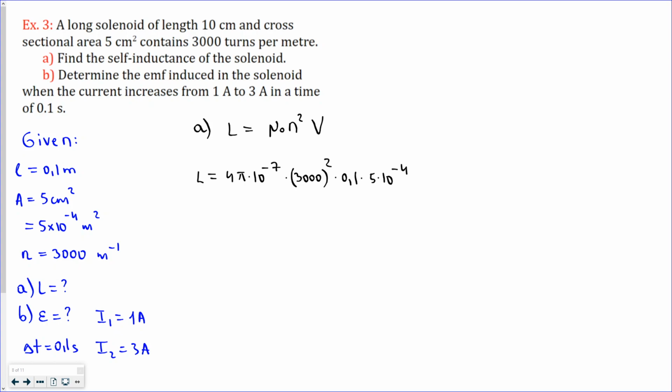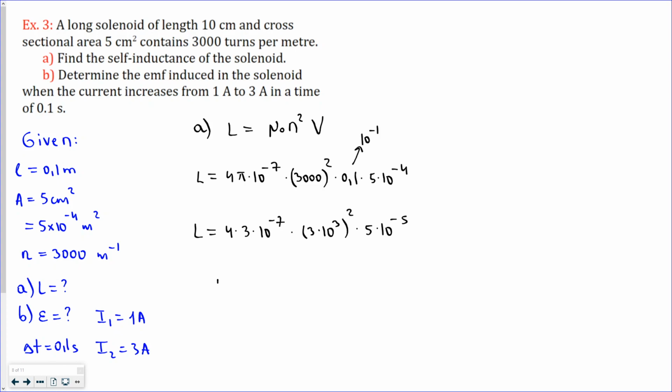So we have what? 4 times, let's assume this is 3, times 10 to the minus 7. This is 3 times 10 to the power 3 squared. Here we have 5 times 10 to the minus 5. This is 10 to the minus 1 actually.